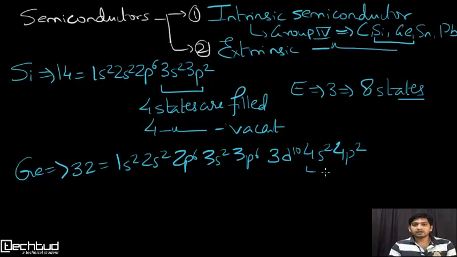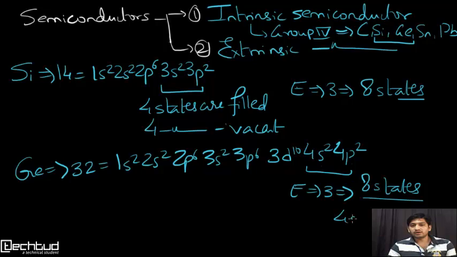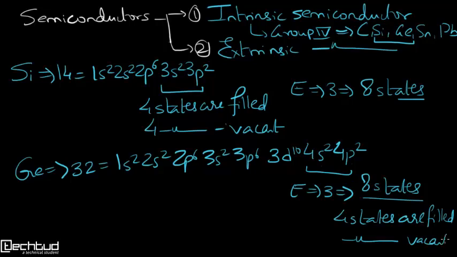Again at energy state 3, there are more than 8 states possible, but for s and p, we can see that there are 8 states. And out of those 8 states, 4 states are filled and 4 states are vacant. So there is a possibility that these energy states can be occupied.